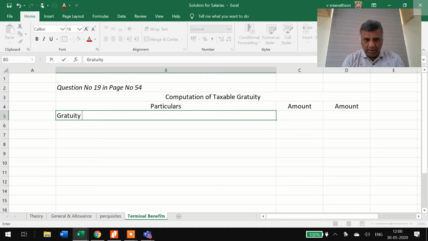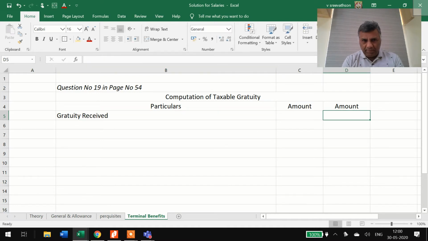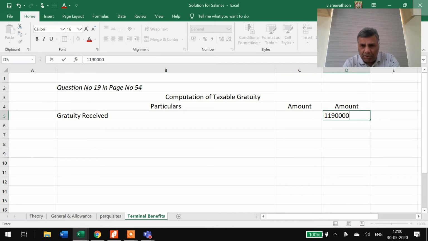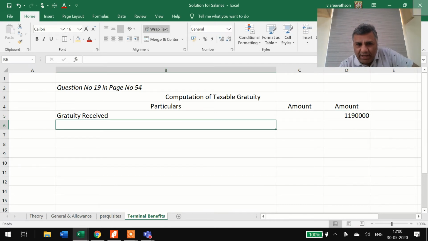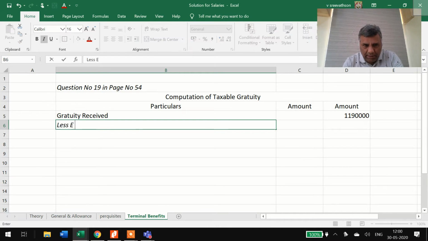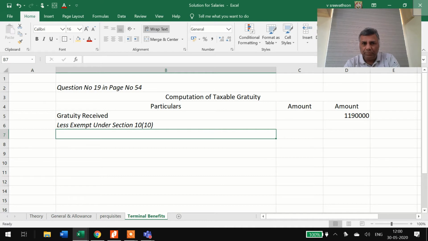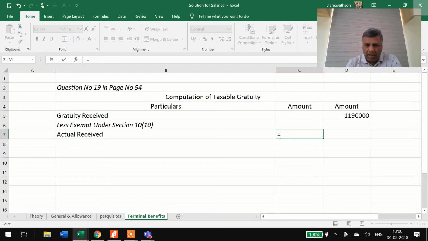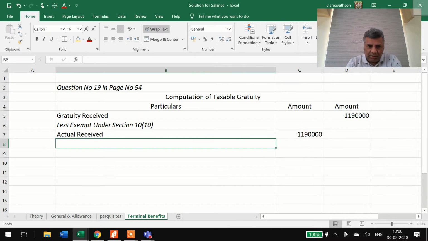Gratuity received, friends, gratuity received 11,90,000. Less exempt under section 10 subsection 10. Actual received is nothing but 11,90,000.